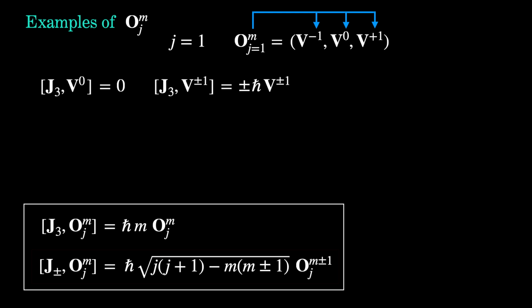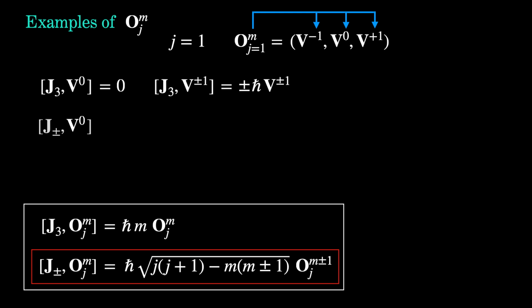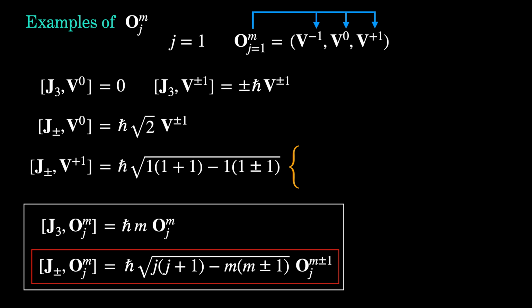Now the commutator of J plus minus with V_0, which raises or lowers it to V plus minus. Now raising and lowering the plus 1 component. Of course, we can't raise it any further because this is the highest weight, but lowering gives us V_0.